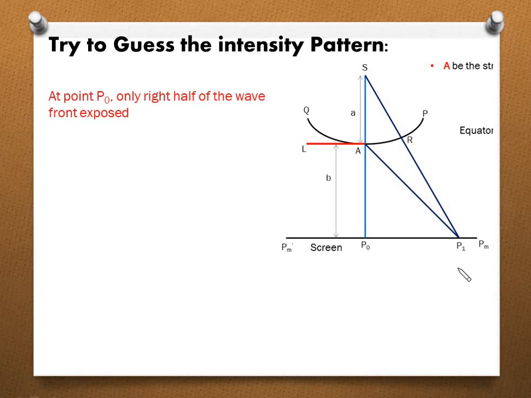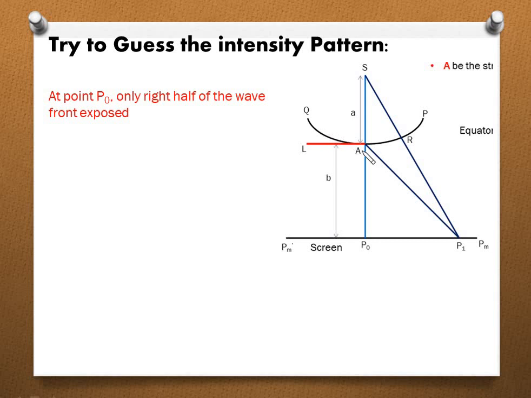So let's first guess the intensity at point P0. For point P0, only the right half of the wavefront is exposed, while the left half is intercepted.